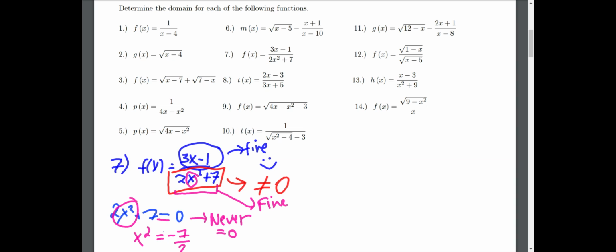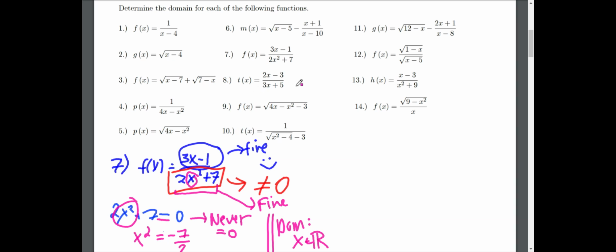Whatever we put for x, the function is going to exist. So your domain would be x is a real number. That's it. There's nothing to exclude from it, because the numerator can be anything, it doesn't matter. The denominator is never equal to 0, which means x can be anything.